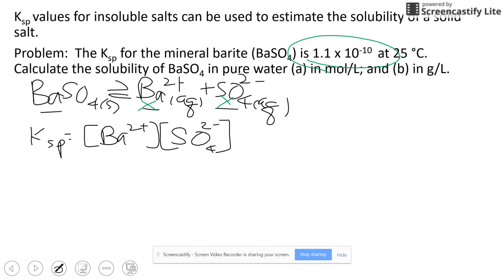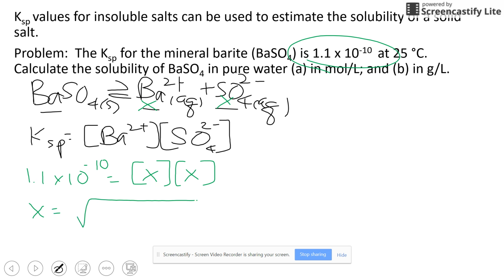The KSP value is given, 1.1 times 10 to the negative 10, which is going to be equal to X, which represents barium, times X, which represents sulfate. Now if you solve for X, X will be equal to the square root of 1.1 times 10 to the negative 10.